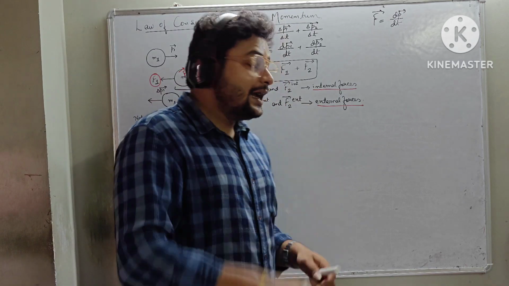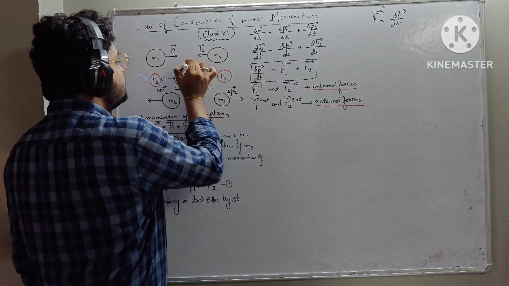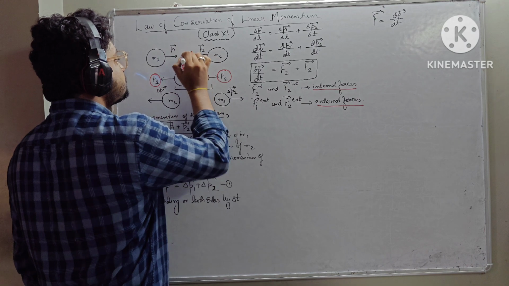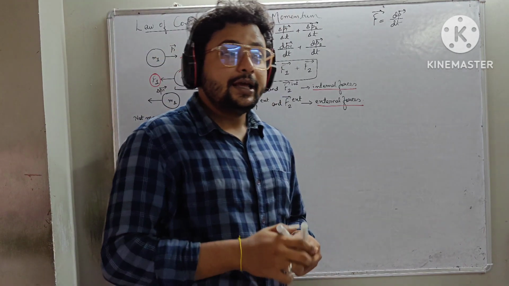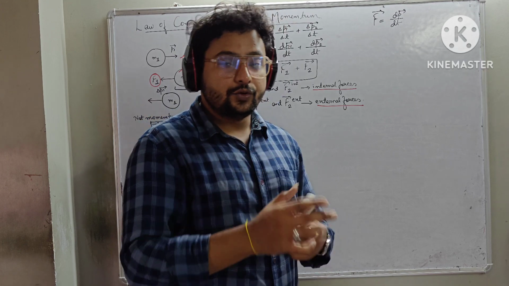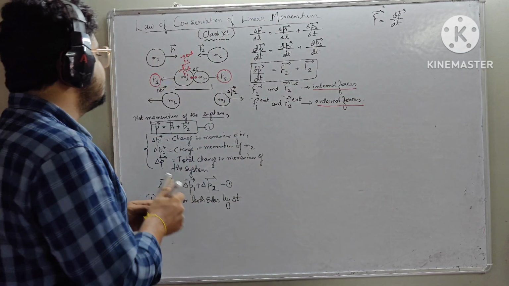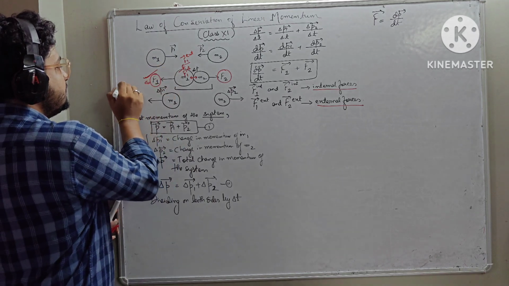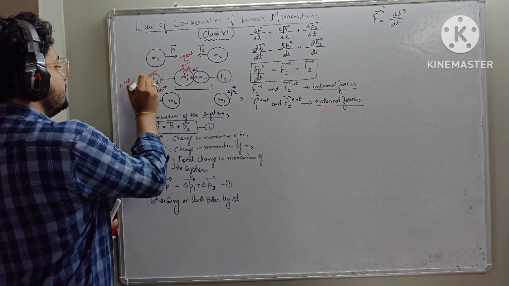Also, from outside, I have given this external force, F1 external, from outside the system. The sum of the internal force and the external force is basically this particular force, F1 internal plus F1 external.